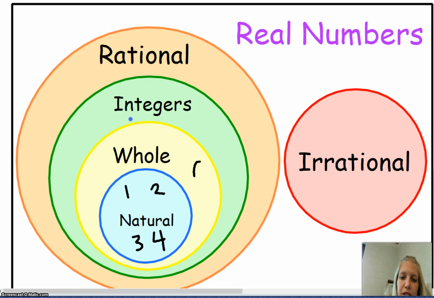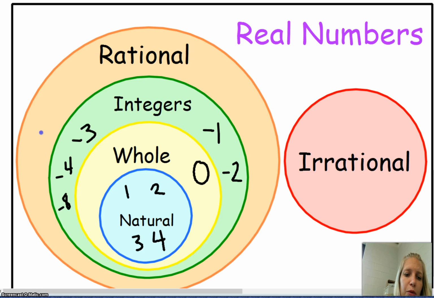But it also has the number 0. So whole numbers have 0, 1, 2, 3, 4. They also don't have pieces. It also doesn't have negatives. Integers, the next set, is when we start adding in our negatives, like -1, -2, -3, -4, -81. Again, still no pieces, but now we have the negatives, plus we have all the whole numbers and the natural numbers.